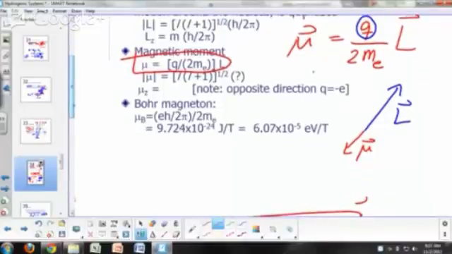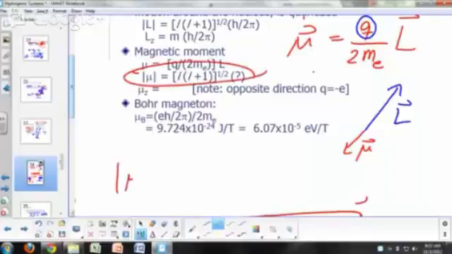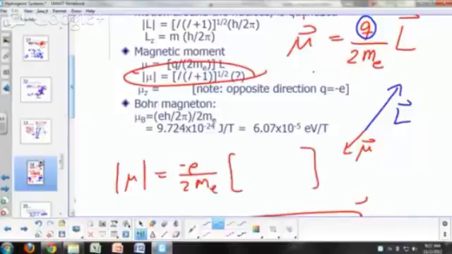Now, since the magnitude of the angular momentum is quantized, the magnitude of the magnetic moment vector must also be quantized. So what would be the allowed values of mu? Well, let's see. The allowed values of the magnitude of this vector are going to be negative e over 2 times the mass of the electron times the allowed values of L, which is square root of L, L plus 1 h bar.